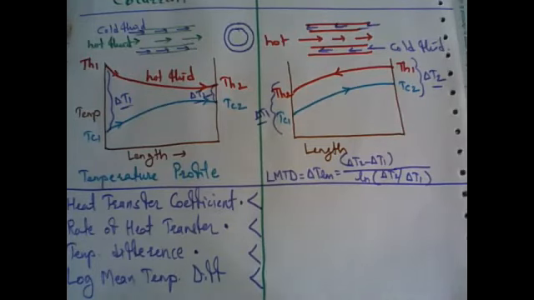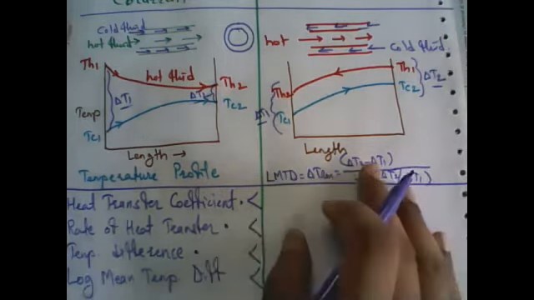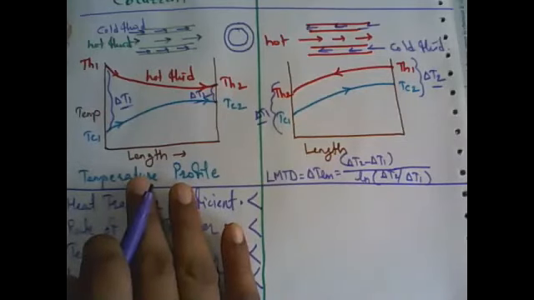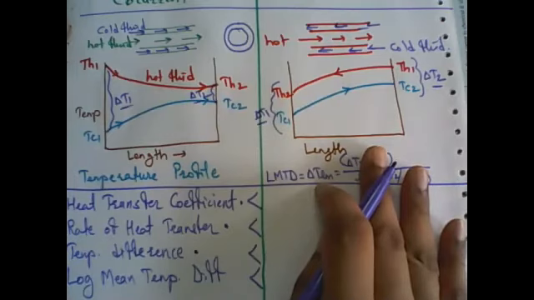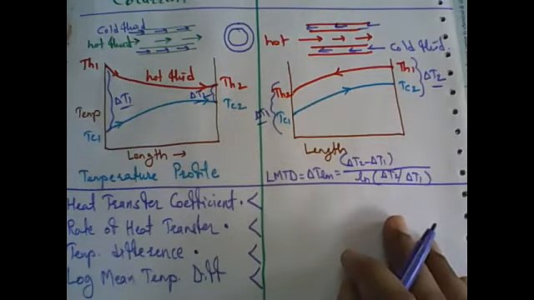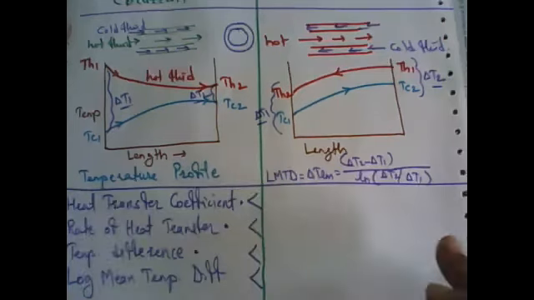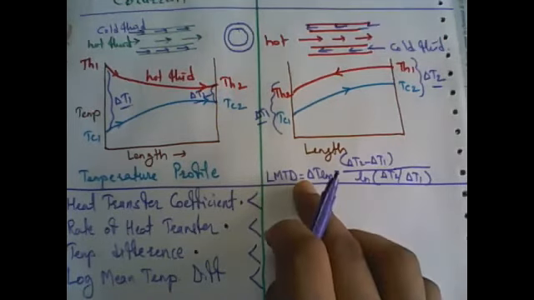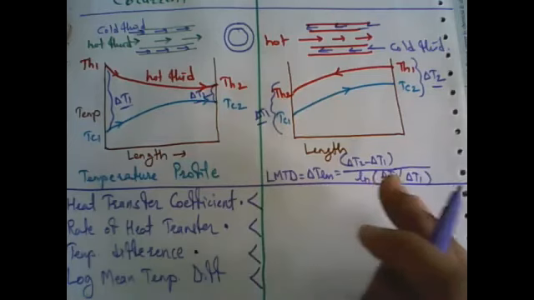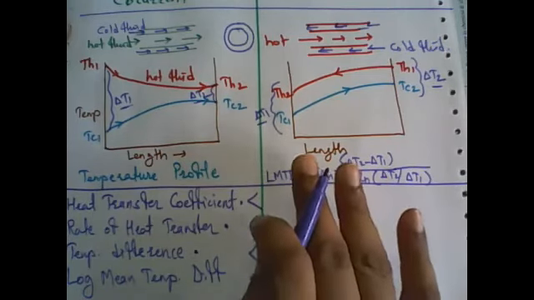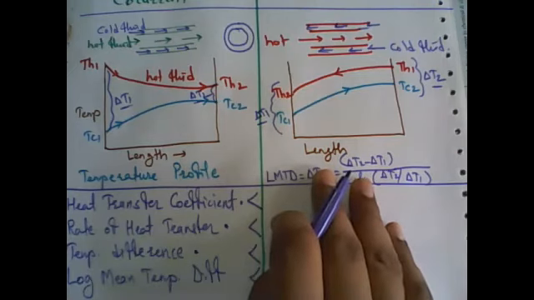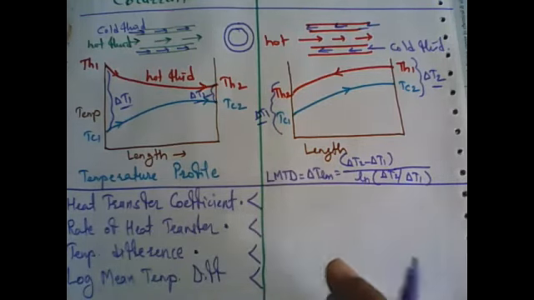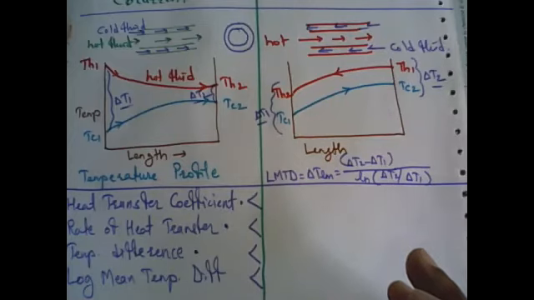So if they ask whether we have to adopt counter current or co-current flow, we know before calculation that we should adopt counter current flow, because it is already studied by scientists that LMTD, rate of heat transfer, all the values are more in counter current flow, right? So we know the answer that counter current flow is better than co-current. But on what basis do we adopt counter current flow?